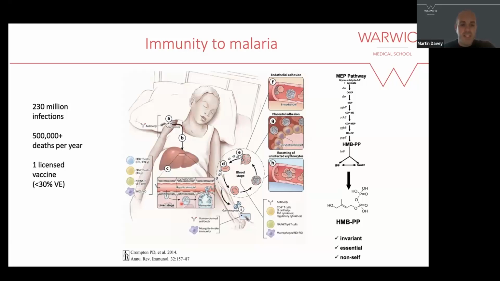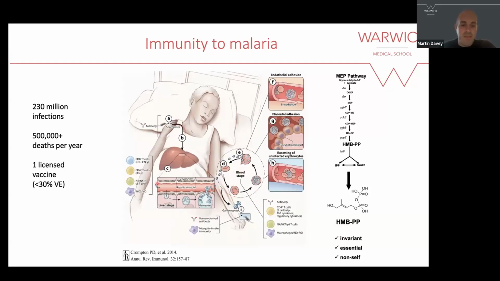And so the immune system has been implicated at multiple stages, particularly the liver, which is a very key site that's been identified for blocking generating a blood stage, because this is the main stage where symptoms start, and some of the key effects of malaria that would cause death and severe pathology in individuals.